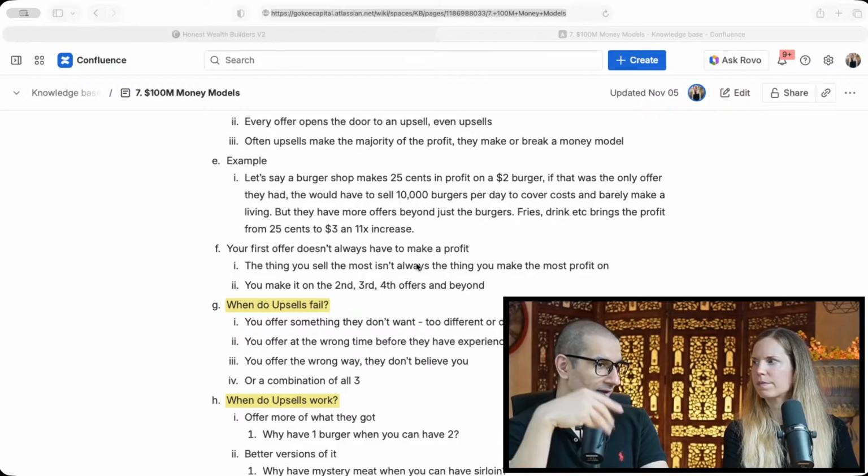And then you also lean into upsells, continuity offers and downsells, and that helps increase your revenue. So you can still maintain your staff. You don't have to fire everyone.